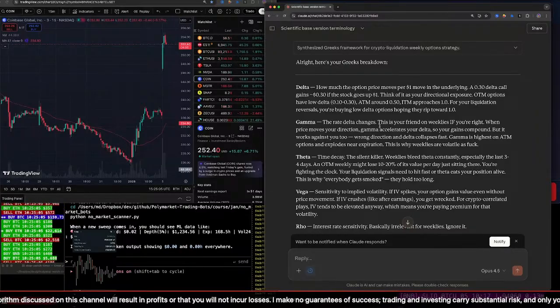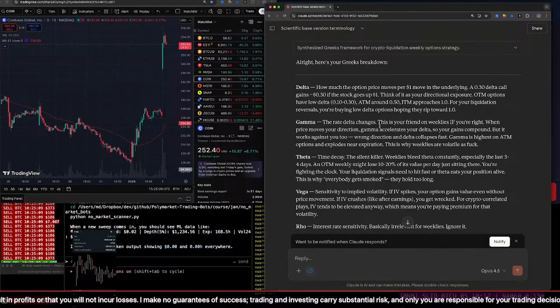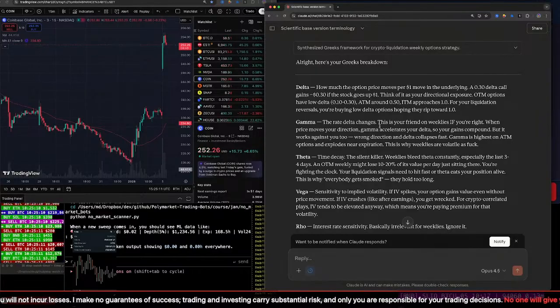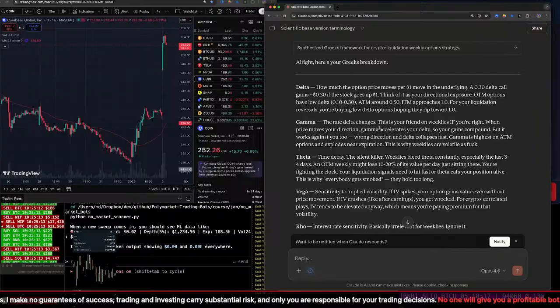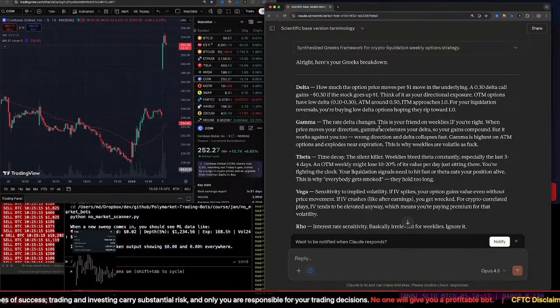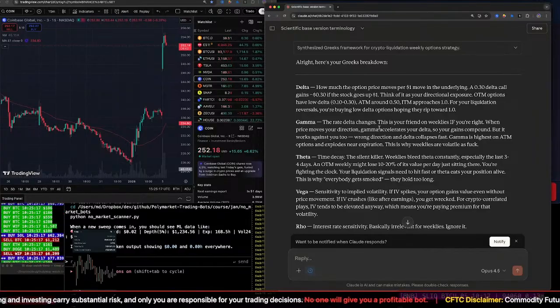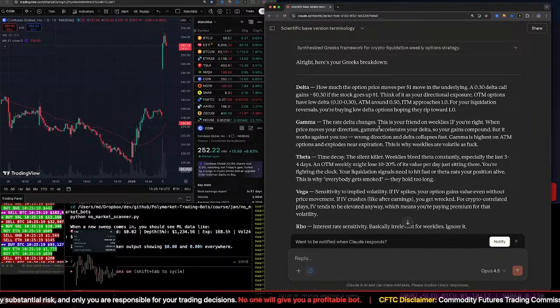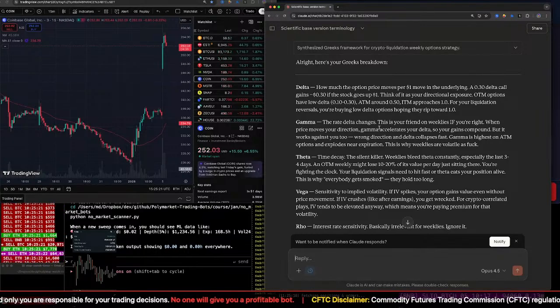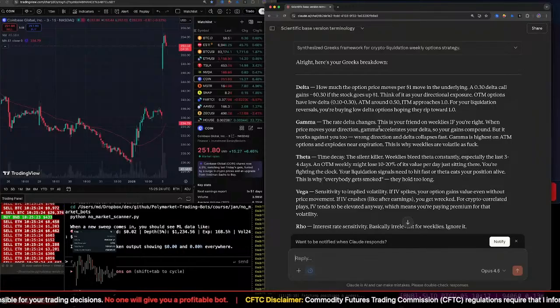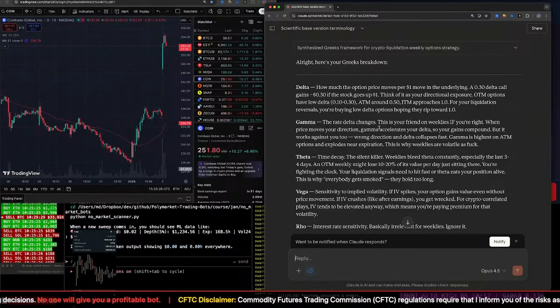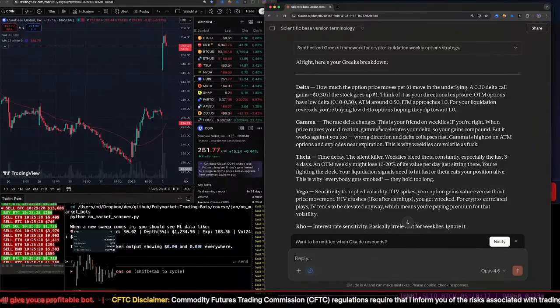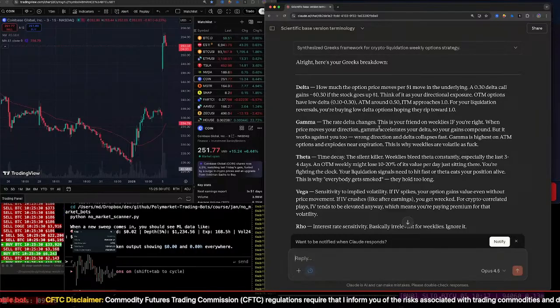Gamma: the rate delta changes. Gamma accelerates your delta.